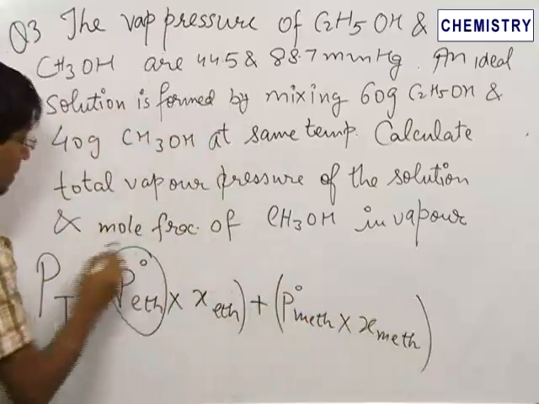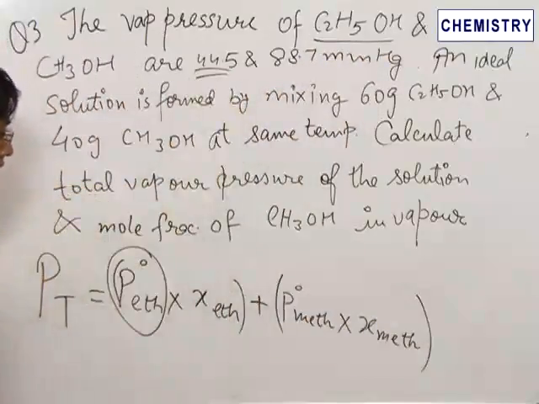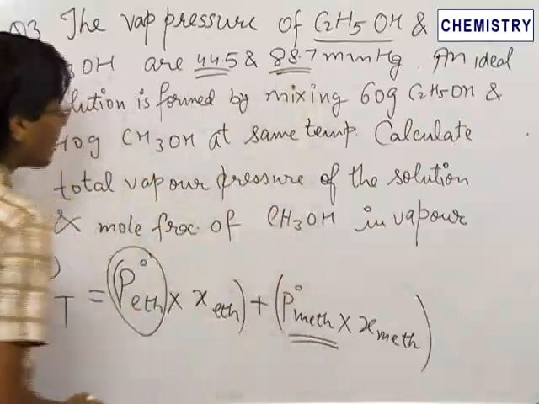Here this is the vapor pressure of ethanol which is given to be equal to 44.5. This is the vapor pressure of methanol which is given to be 88.7.